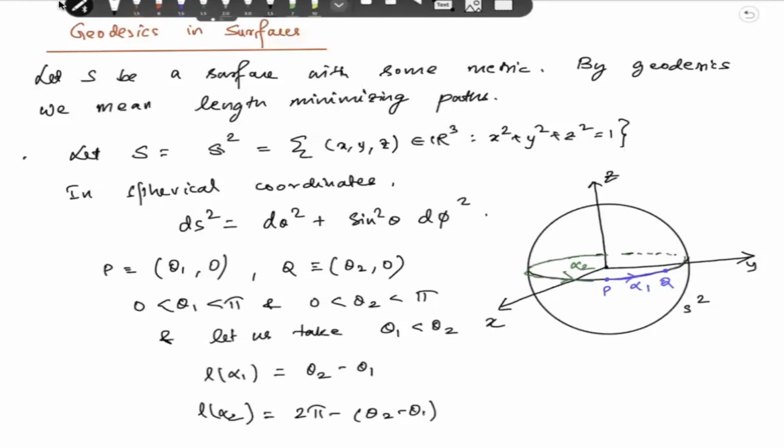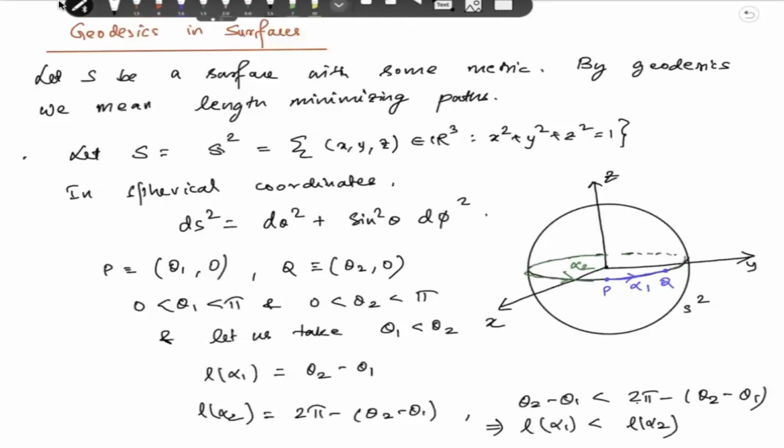Observe that because we have taken theta 1 and theta 2 in the interval 0 to pi, and theta 1 is less than theta 2, theta 2 minus theta 1 will be less than 2 pi minus (theta 2 minus theta 1). This implies the length of alpha 1 is less than the length of alpha 2.